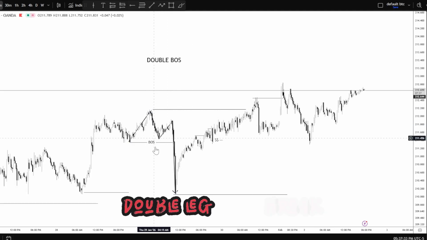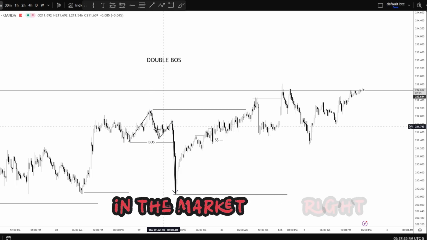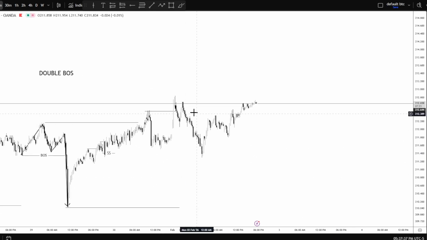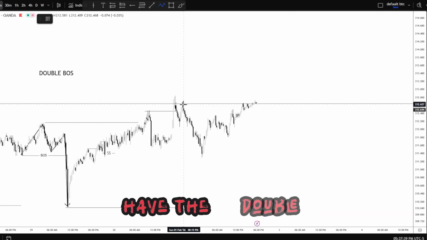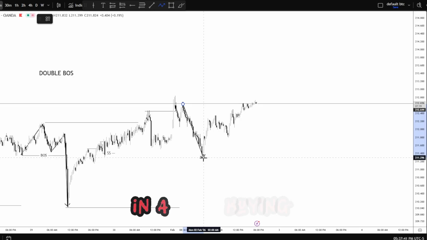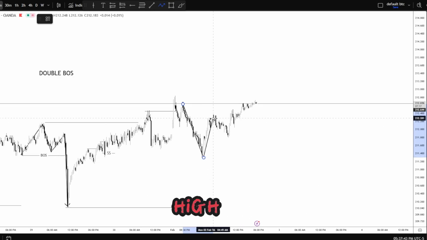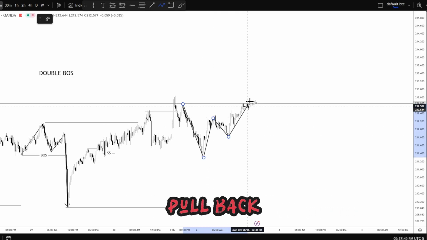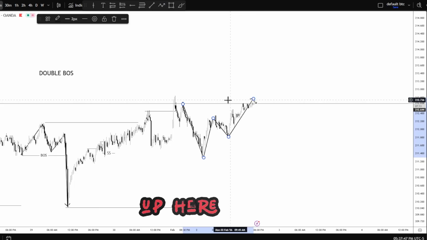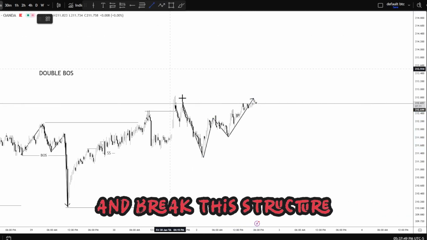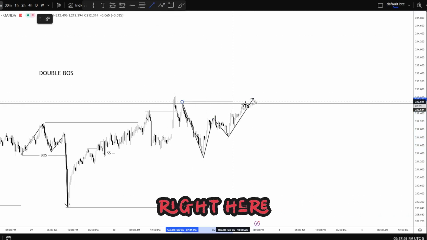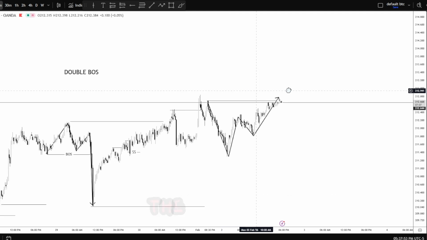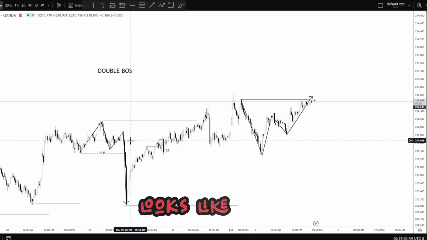So this is a double leg break of structure in the market right here, and beside it right here we also have the double leg break of structure in a buying sense. So we have this high low. You can see the market pull back before actually coming up here to break this structure right here. So this is what the double leg break of structure looks like in the market.